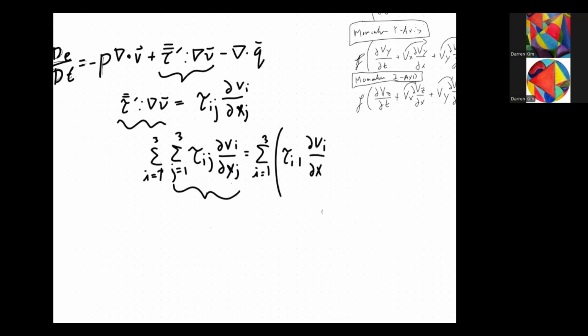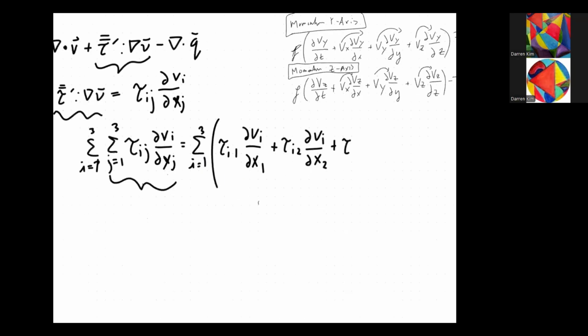I think this is right. Tau i2 Vi. If I'm wrong, just shout it out at me later. And then so on. So there's only 3 of them. So tau i2, and that's why there should be 6 terms, or there should be 9 terms, although. Did I do this wrong? I might have done this the dumb way. There's supposed to be 9 terms. Vi, oh, this is 3.